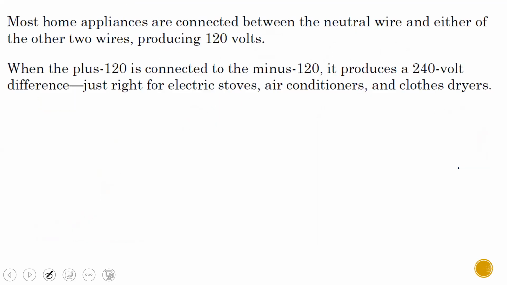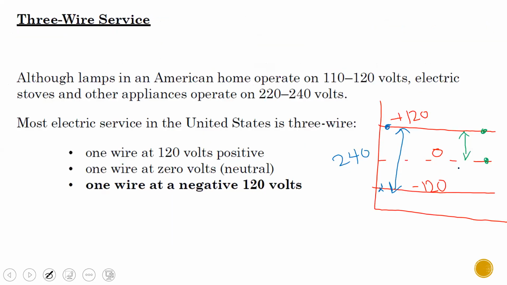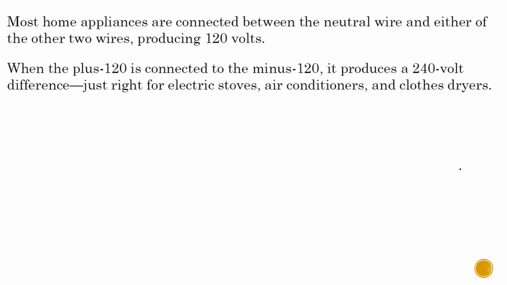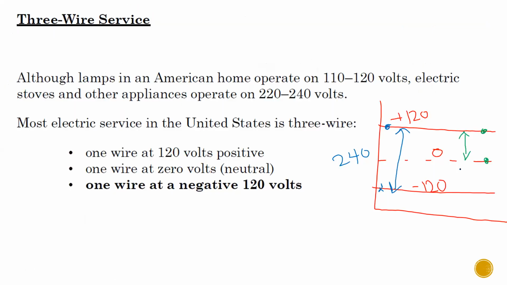Now, most home appliances are connected between the neutral wire and one of the other wires, producing 120. As we said, most home appliances are connected between the positive 120 and the neutral to get 120 volts.